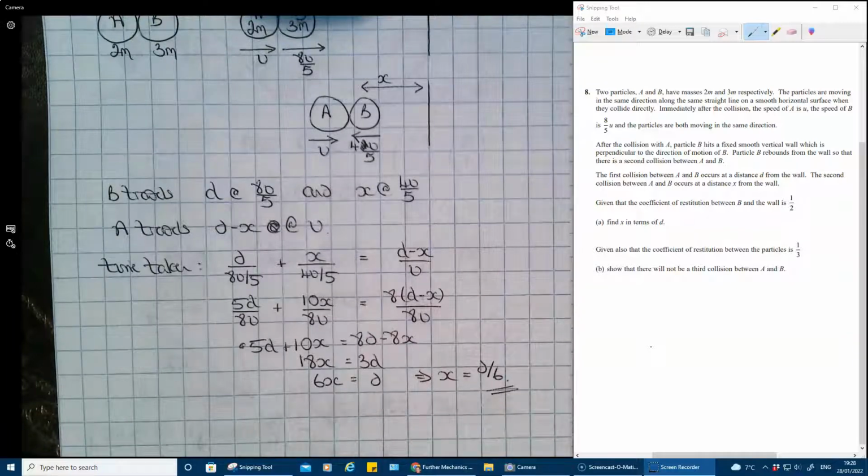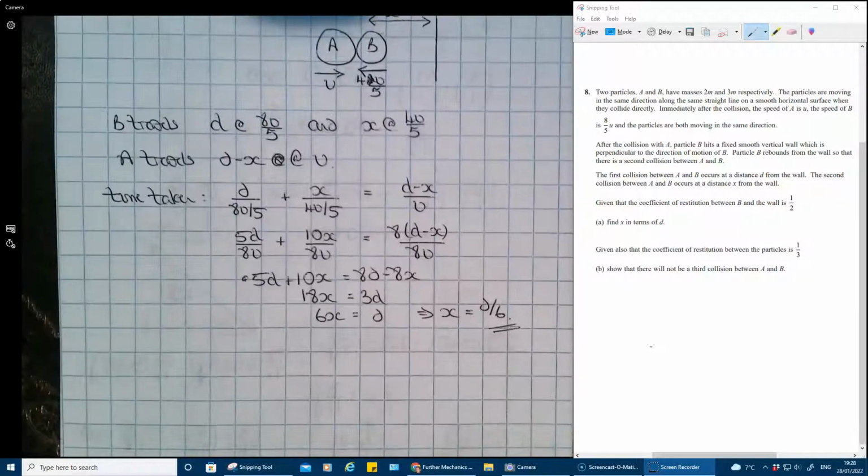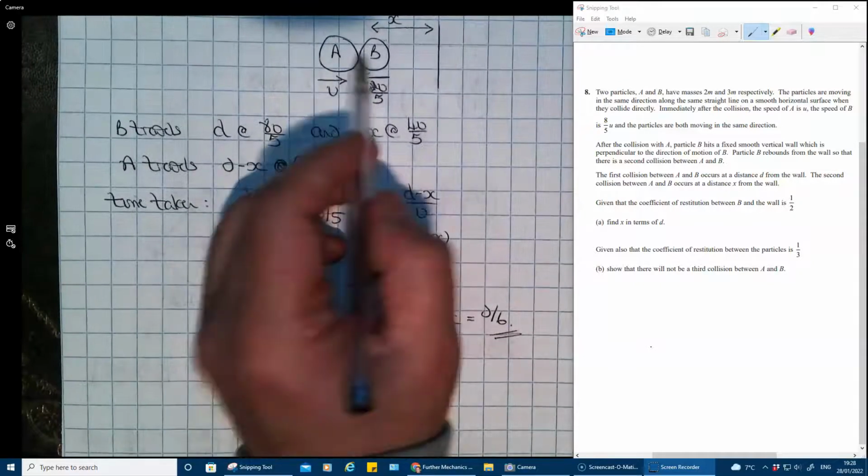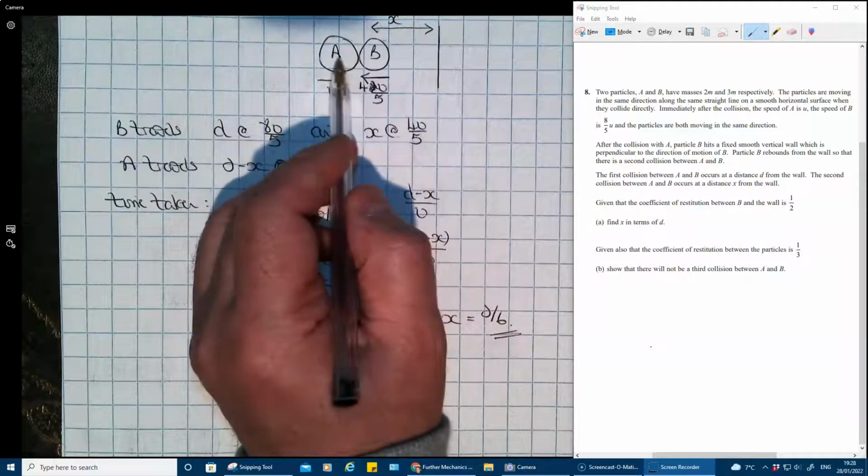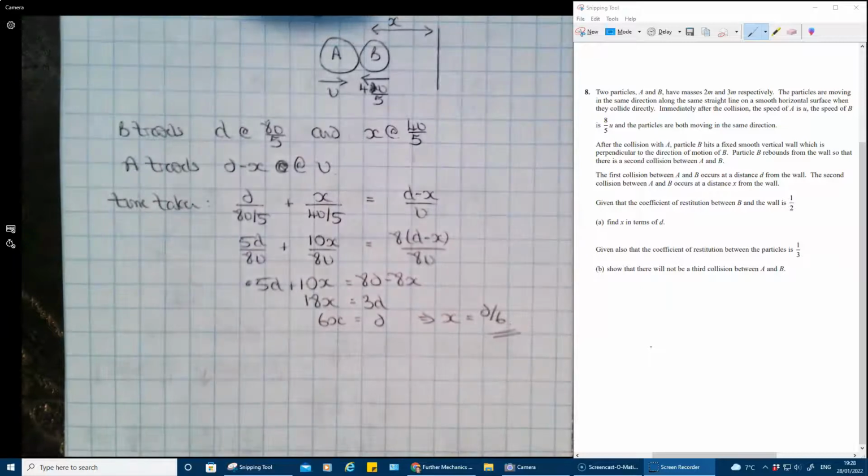Alright, now given also the coefficient of restitution between the particles is a third, show there's no third collision between A and B. Alright, so basically we're interested now in the speeds after this collision here. Okay, and we'll see what happens then.